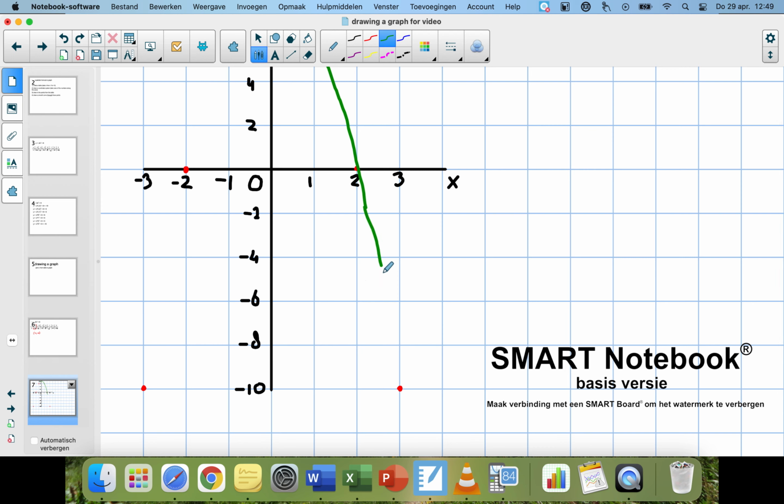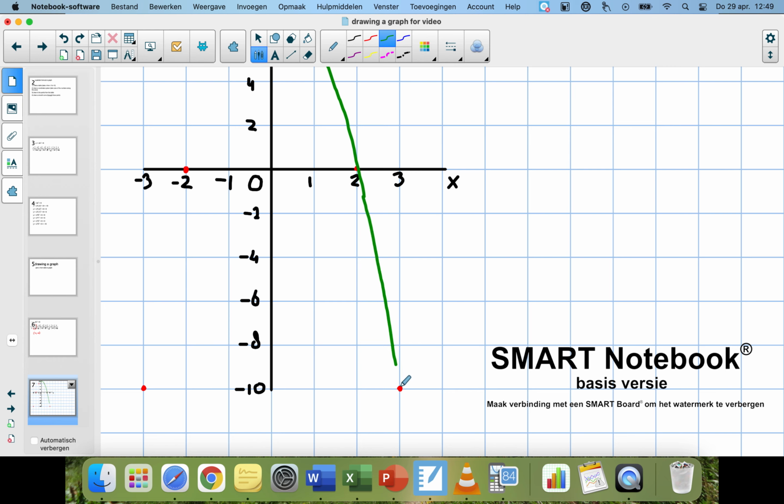So I'm gonna draw this. You see, it's fairly difficult to make it look good. Luckily, you have an eraser, which is why you always draw with a pencil and not with a pen.